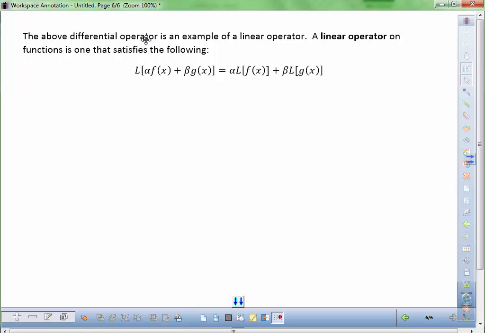A linear operator on functions is one that satisfies the following. It satisfies basically addition and scalar multiplication of things. Where if we were to take a linear operator of something that we're adding, it's the same thing as taking the linear operator of the two things and adding it after you do something to it. And then if there's a constant inside of the function, then it's the same thing as taking the constant out.